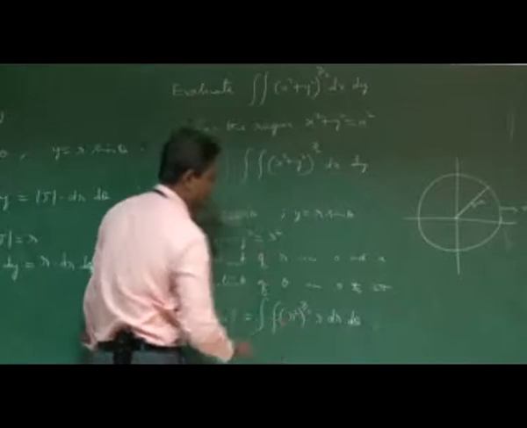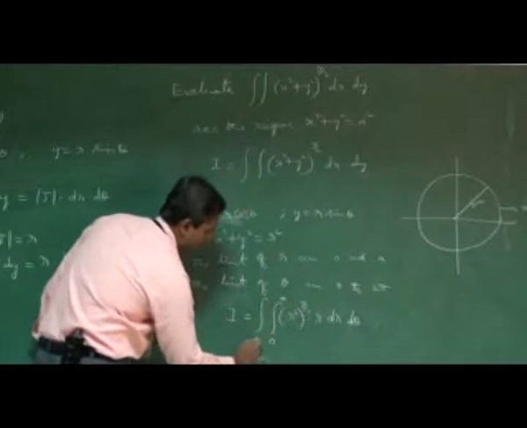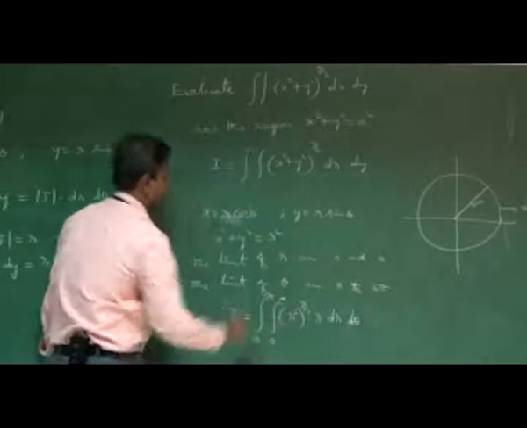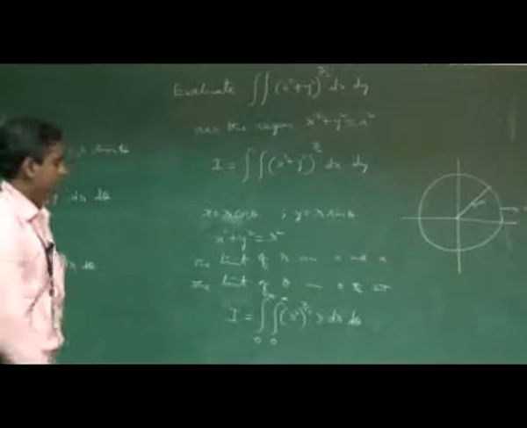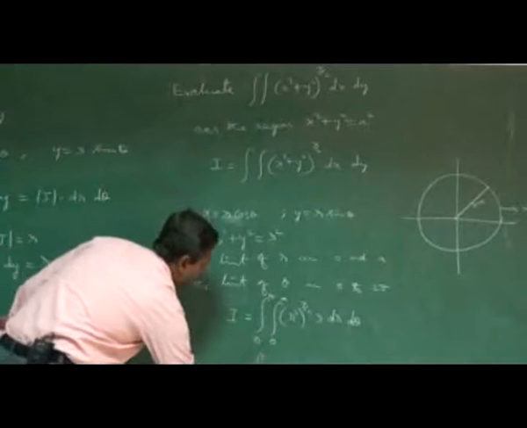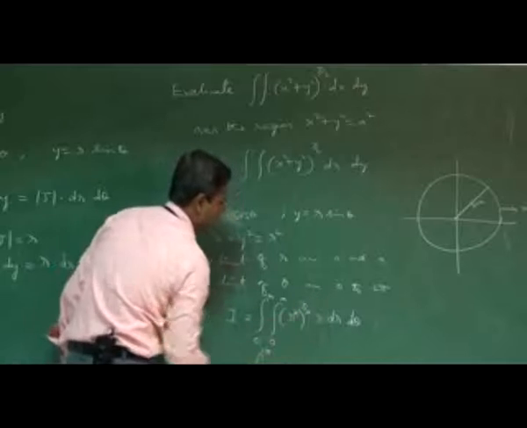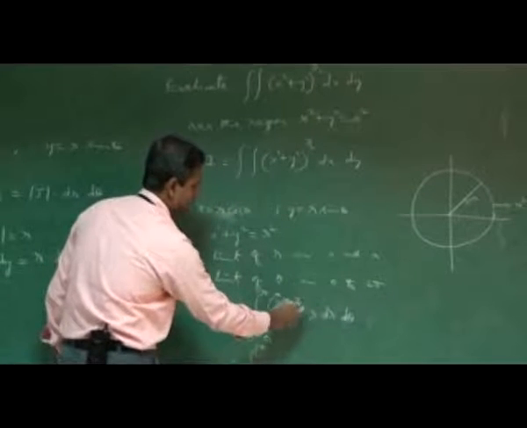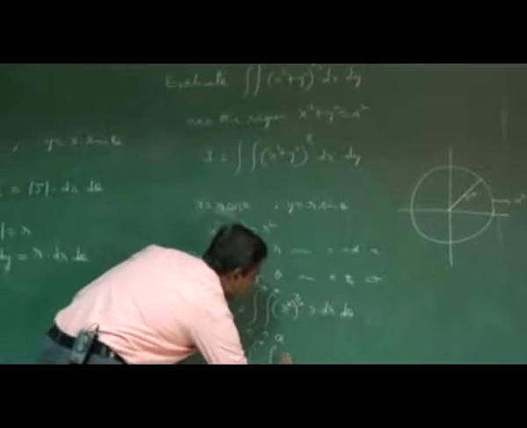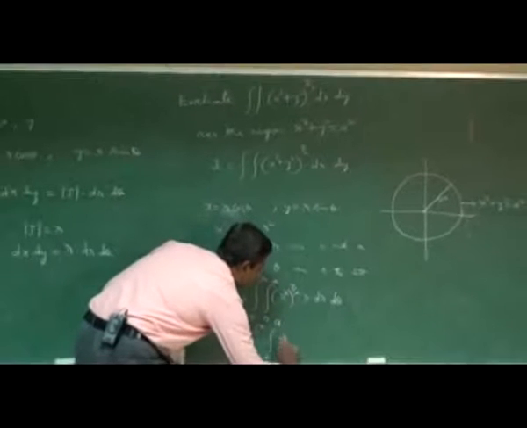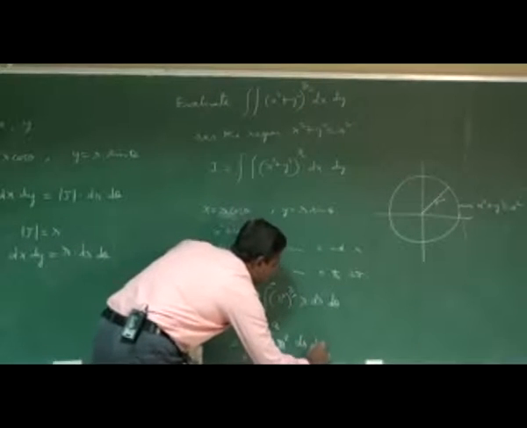The limit for r is 0 to a, and the limit for theta is 0 to 2 pi. That is equal to the integral from 0 to 2 pi of the integral from 0 to a of r to the power of 7 times r, which is r to the power of 8, dr d theta.